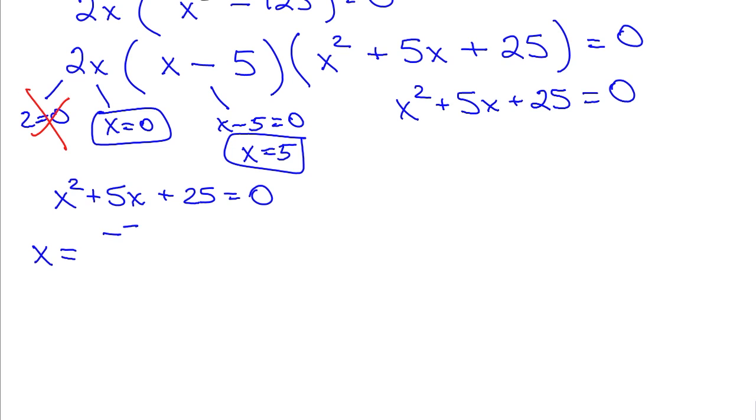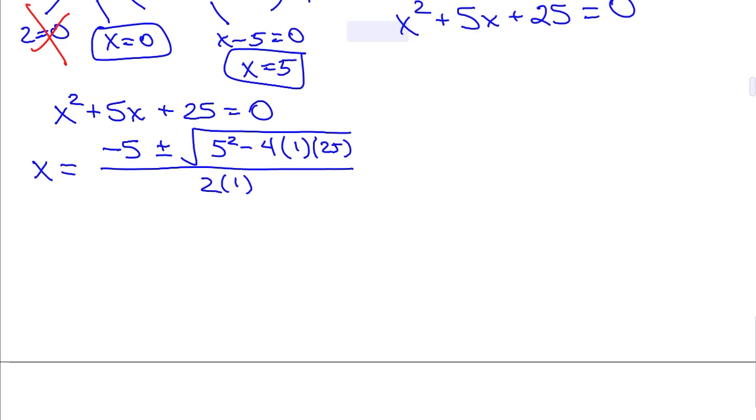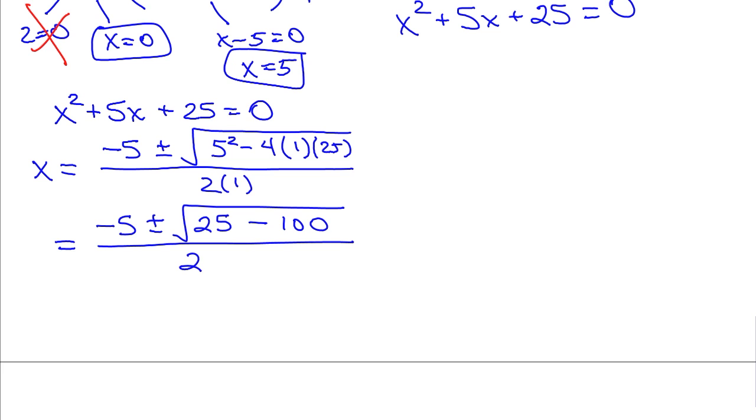It's going to be negative 5 plus or minus the square root of 5 squared minus 4 times 1 times 25 divided by 2 times 1. This gives me negative 5 plus or minus the square root of 25 minus 100 over 2.